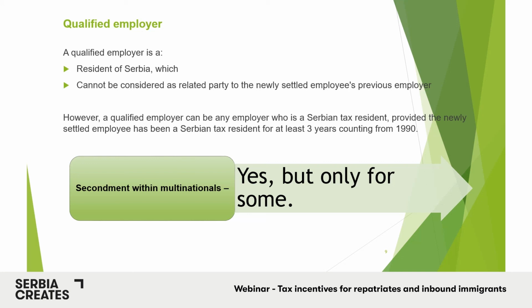What we said is that for people who have been a Serbian tax resident for at least 3 years, counting from 1990, any resident of Serbia is a qualified employer. So if you were a Serbian resident for 3 years, counting from 1990, and you have been working for Coca-Cola Athens, and you are now seconded to work for Coca-Cola Serbia, the incentive applies to you.